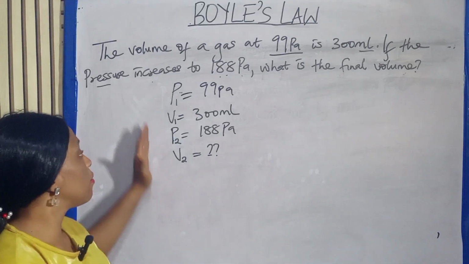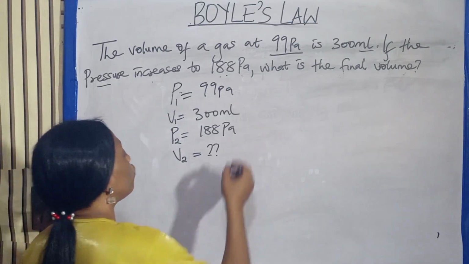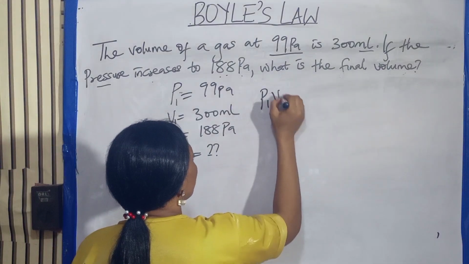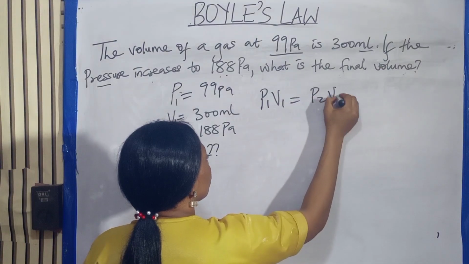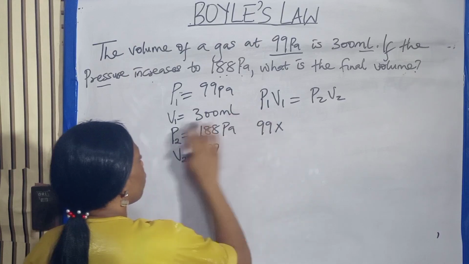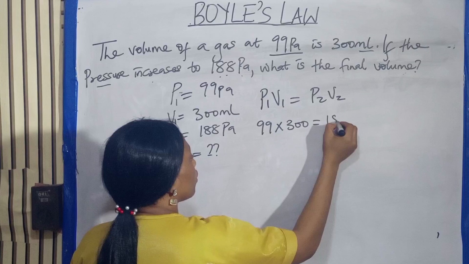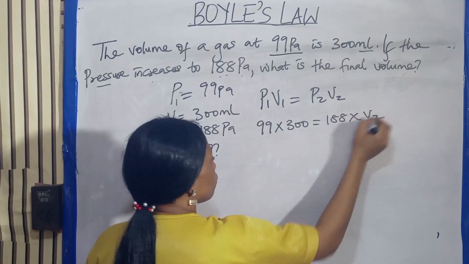So that is why it is important you always list out your parameters while solving. So what would this be? P1 V1 is equal to P2 V2. So P1 is 99 times V1 is 300 is equal to P2 is 188 times V2.